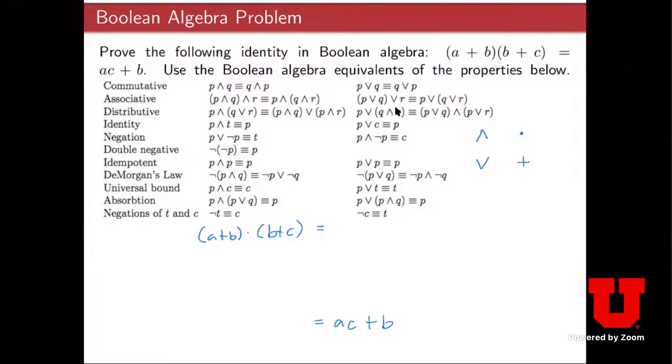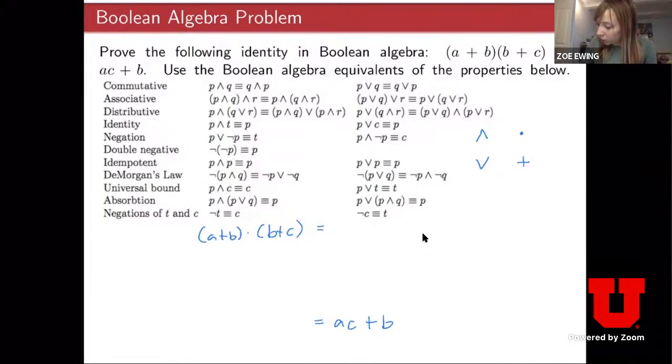Commutative? So we need to switch B plus A over B plus C, and that's using the commutative property. All right, and now we can use the distributive property. So what would that turn this into?